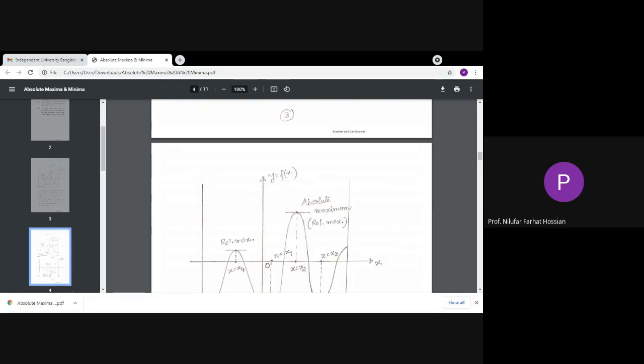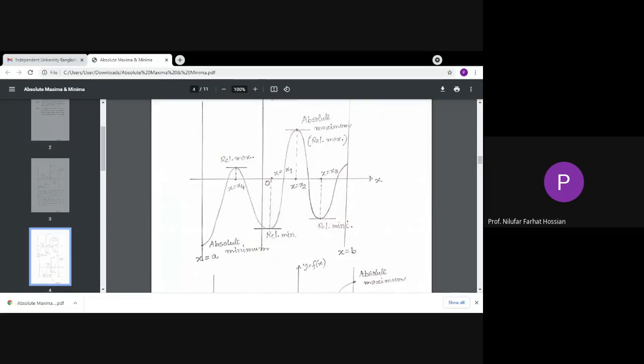And in the previous figure, you see the absolute maximum is occurring here. The absolute minimum is clear because it is occurring at the left hand point. Suppose the graph is coming from the left side, goes upward, and on the right side, after this point, the graph is coming like this.